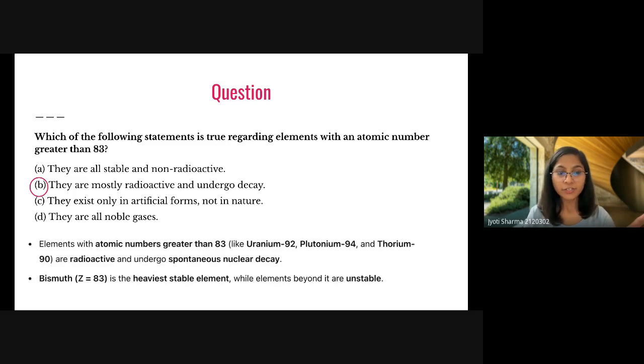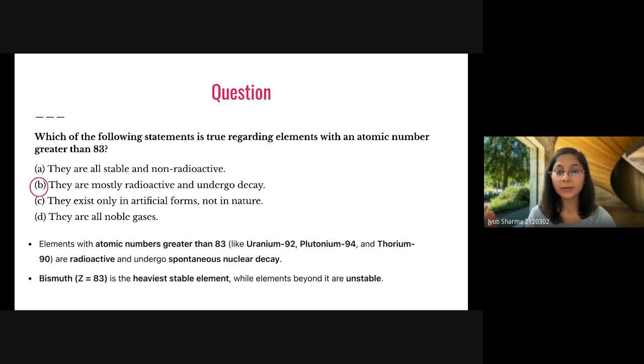I have an explanation for this. Elements with atomic number greater than 83, like uranium, plutonium, thorium, are radioactive and undergo spontaneous nuclear decay, because the nuclei are very unstable in nature. The protons are fewer than the neutrons.